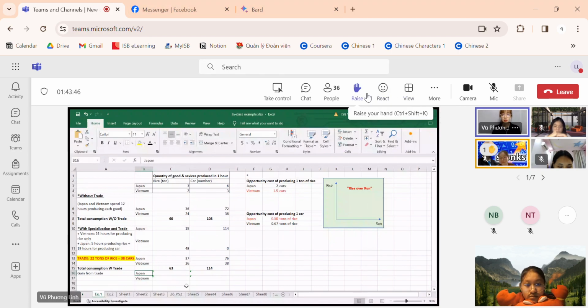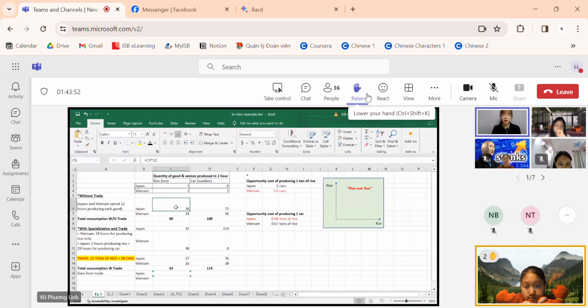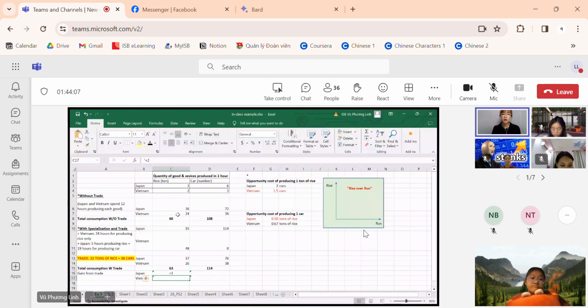Okay, so here let's talk about Japan first. Previously, they had 36 tons of rice, but now they have 37. So they can consume one more ton of rice, right? Okay, and next for Vietnam. Previously, we can produce and consume 24, but now 26.